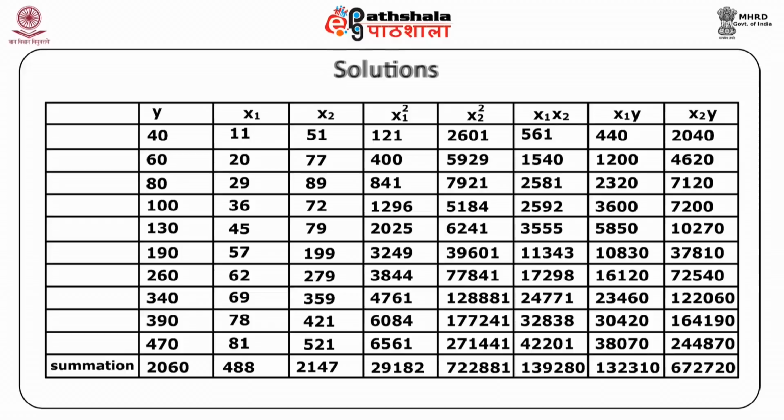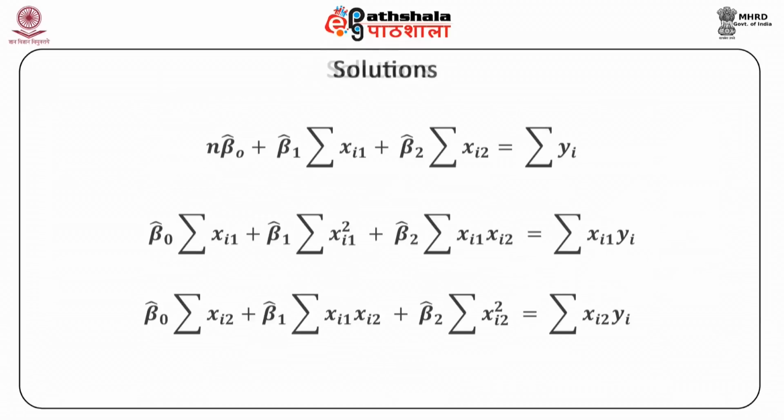In this slide, we have provided you the solution in tabular form, where we have different columns giving you values of y, x1, x2, and then calculating x1 square, x2 square, x1x2, x1y, and x2y. You can see in the last row we have the summation signs. For your convenience, we have reproduced the normal equations below, which are as follows.